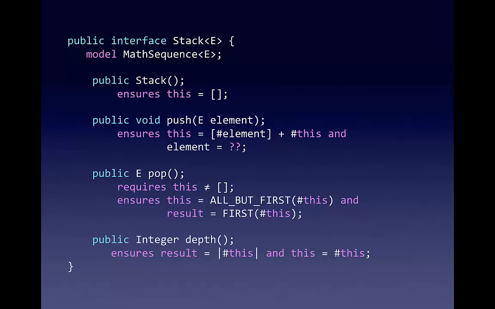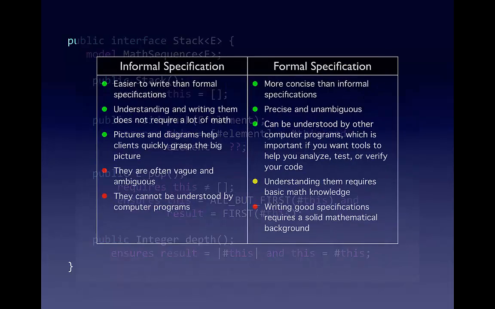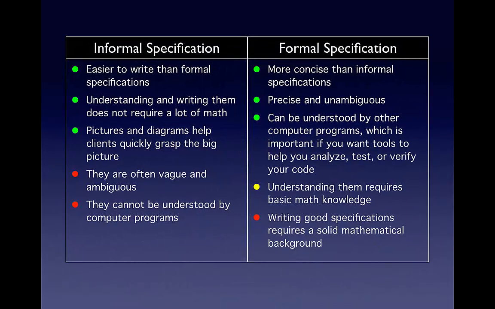Here's another look at the formal specification. Formal specifications can sometimes be tricky to write, but with a reasonable amount of effort, they're not that difficult to read. Let's compare some of the benefits and drawbacks of both formal and informal specifications. Informal specifications are easier to write than formal specifications.